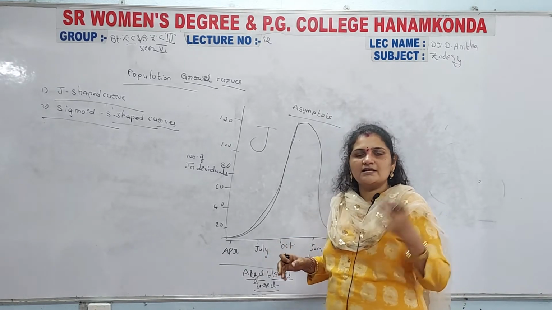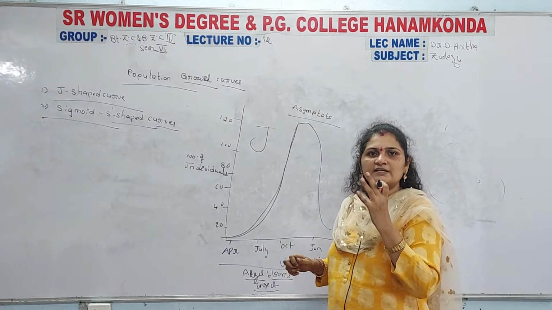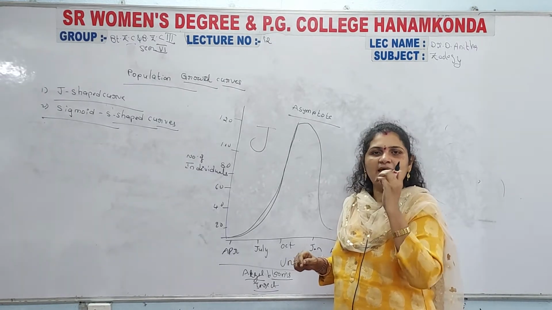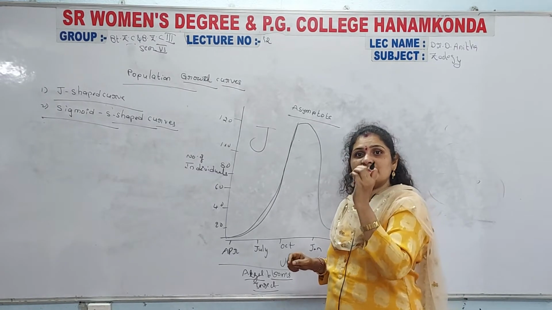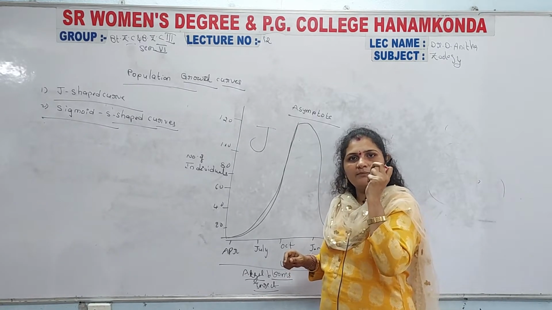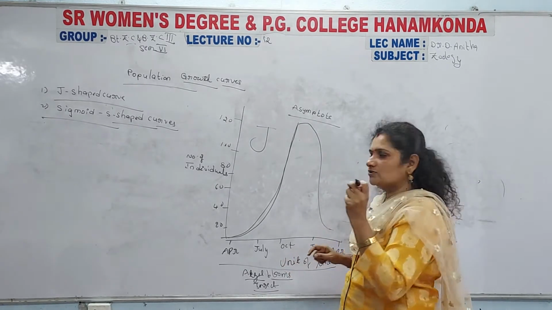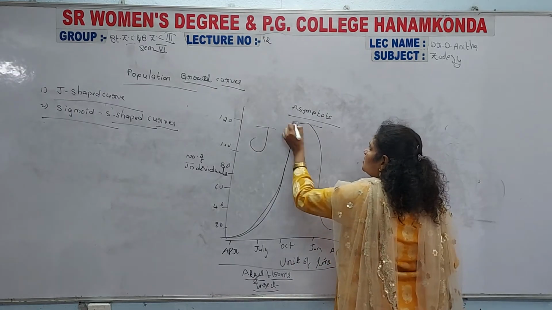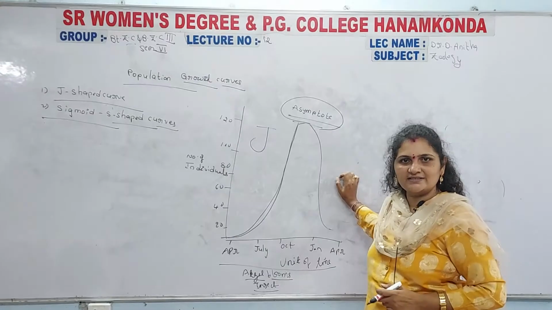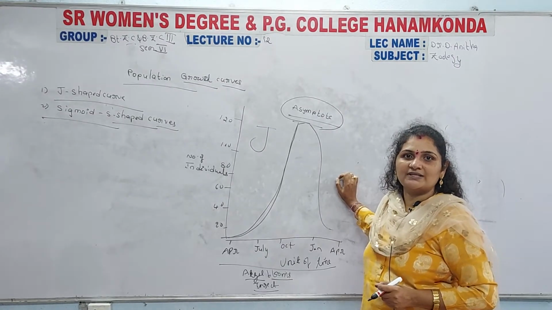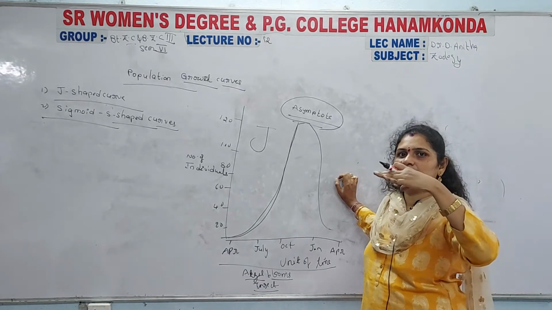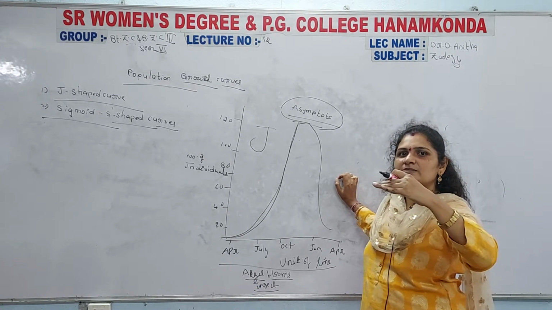For that reason, their population levels greatly increase and finally reach a maximum level, a higher number of the population. That particular stage is considered here as the asymptote stage, a maximum number.